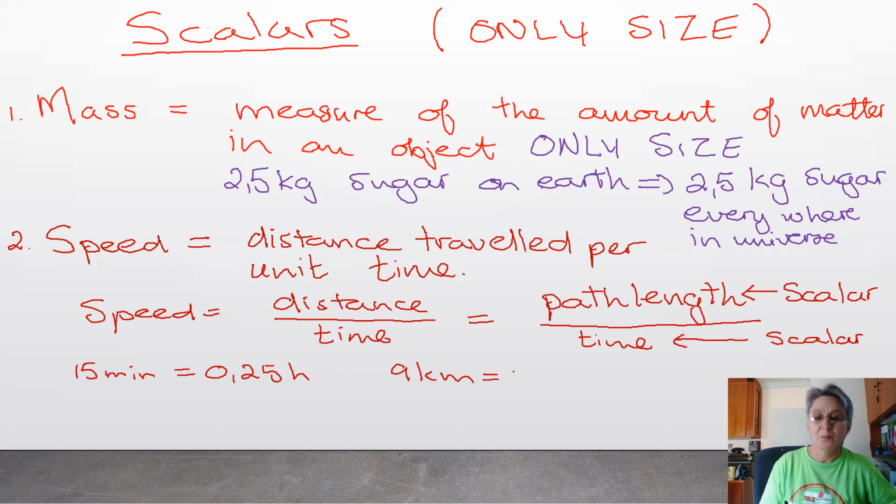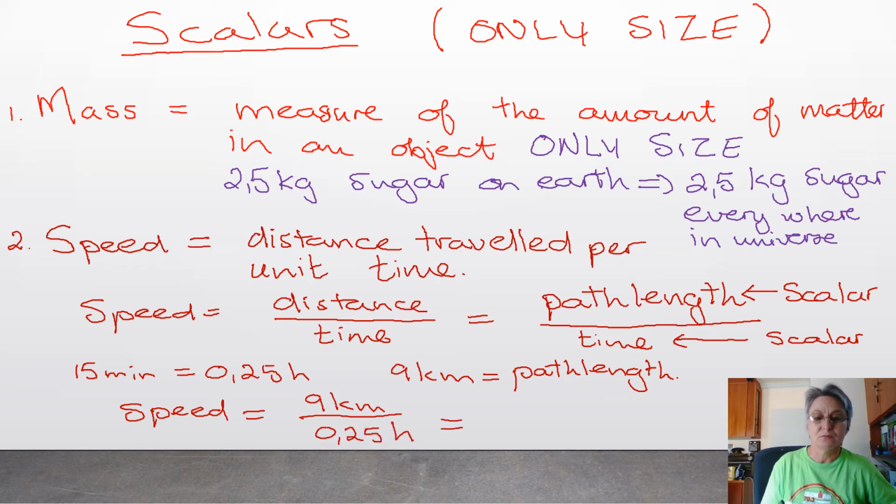But this is my path length, 9 kilometers. So my speed would be 9 kilometers divided by 0.25 hours, so it will be 36 kilometers per hour, or we could say kilometers hours to the power negative 1. So speed is also a scalar quantity.